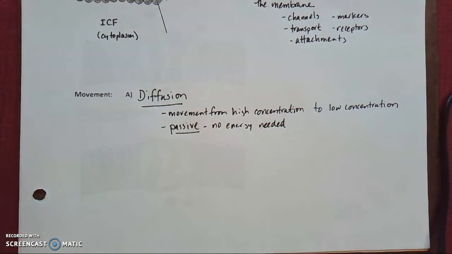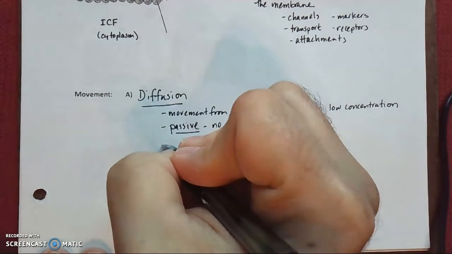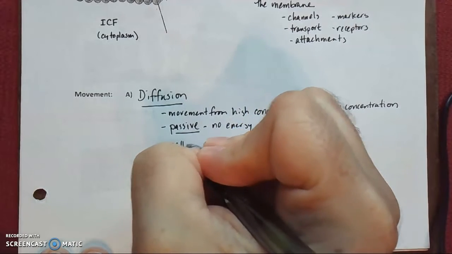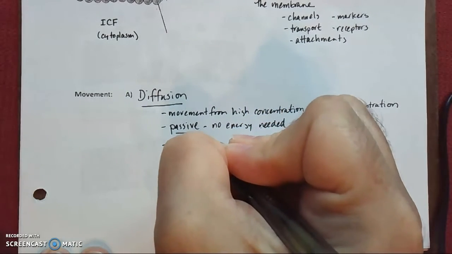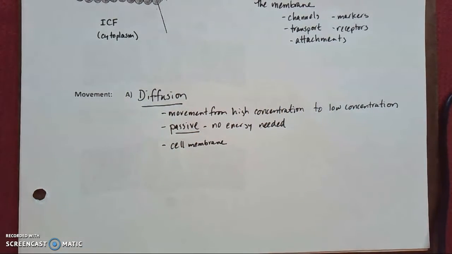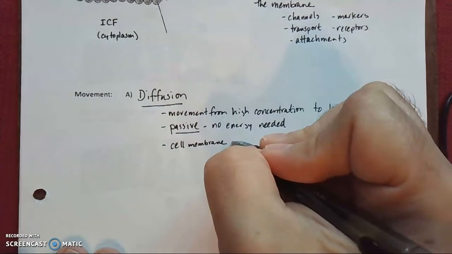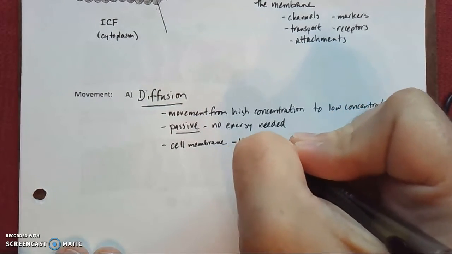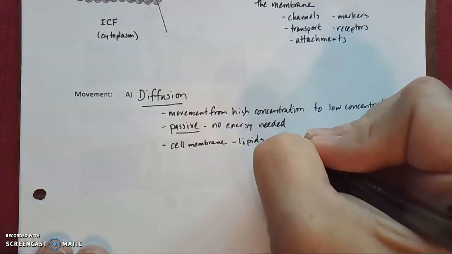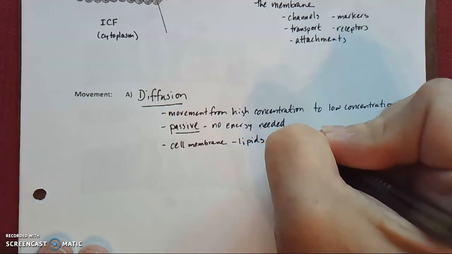It just happens. In the cell membrane, one thing that can easily pass through the cell membrane through diffusion are lipids. So lipids diffuse easily.